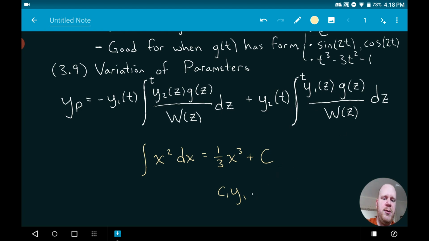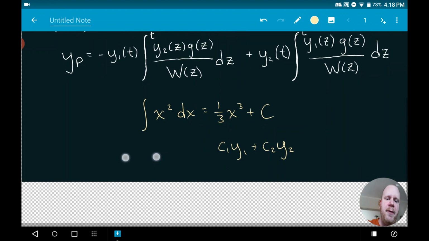The constant from this one would end up being c2, y2. And when I write it like this, you can probably recognize that this is part of the complementary solution. If it's part of the particular solution already, then we're doubling up on our C1 Y1s and our C2 Y2s. So we want to avoid that by not including the C.